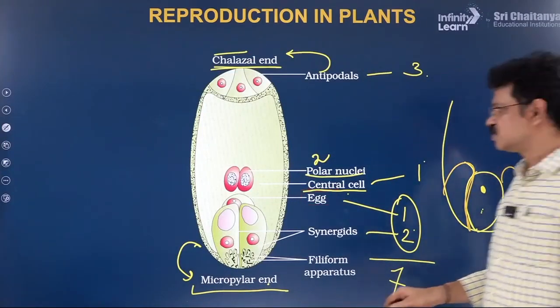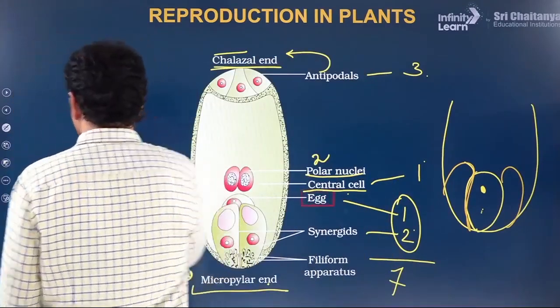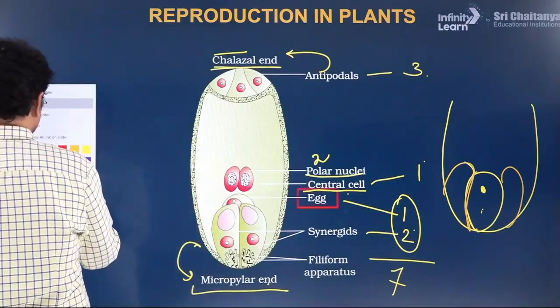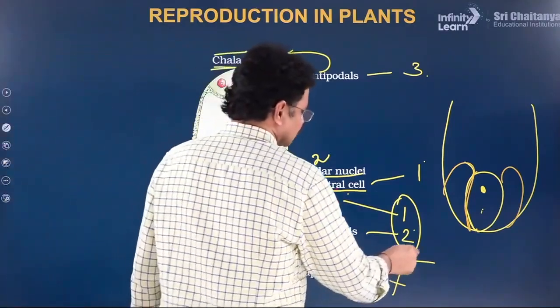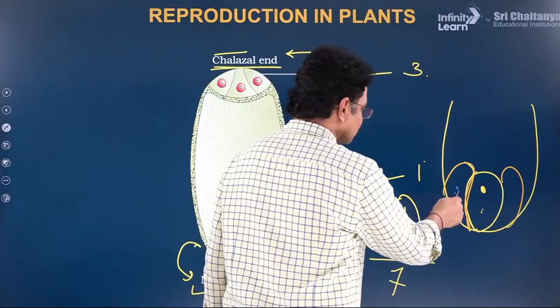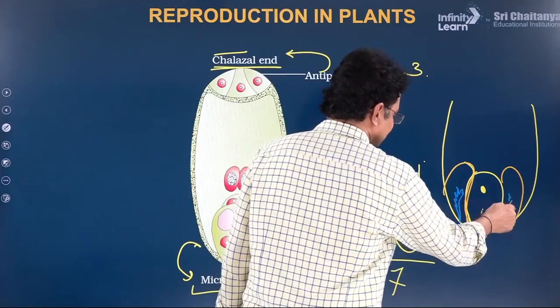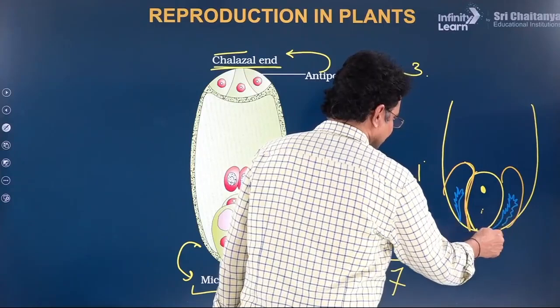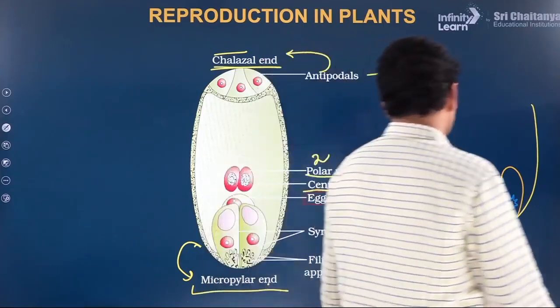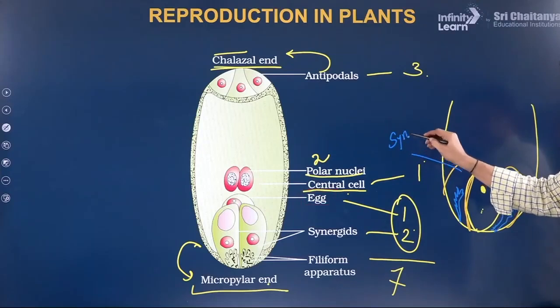The characteristic feature of each synergid is the presence of finger-like projections, or filiform apparatus. The technical name of the structure is the filiform apparatus. Presence of filiform apparatus is the characteristic feature of synergids.